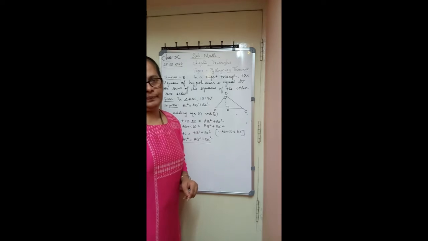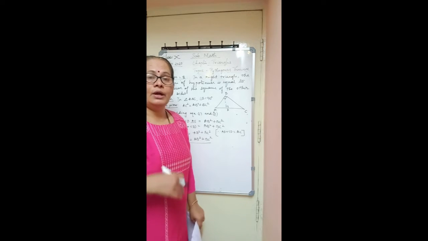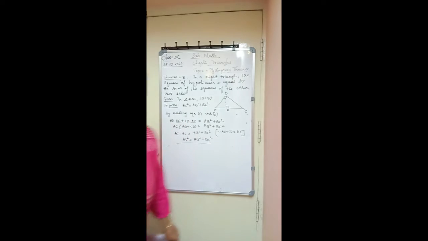You will get the square of the hypotenuse equal to the sum of the squares of the other two sides. Now we are going to discuss the converse of Pythagoras theorem.